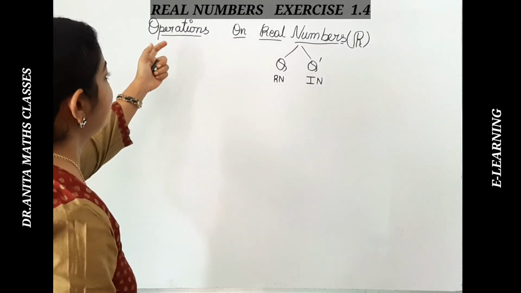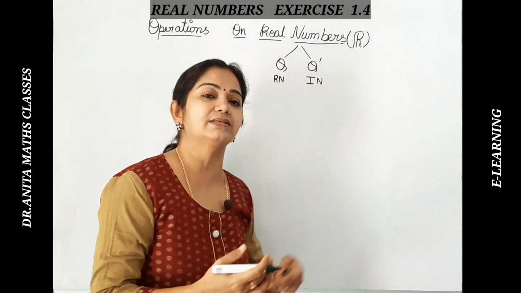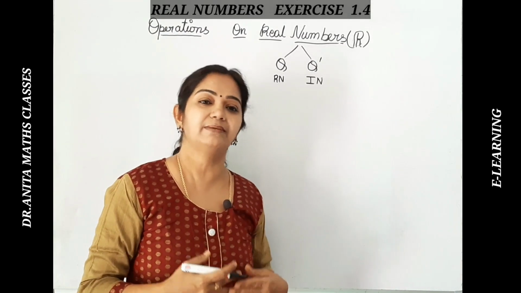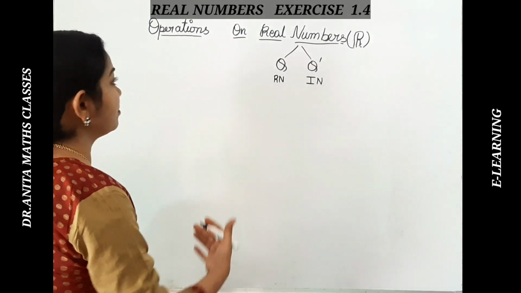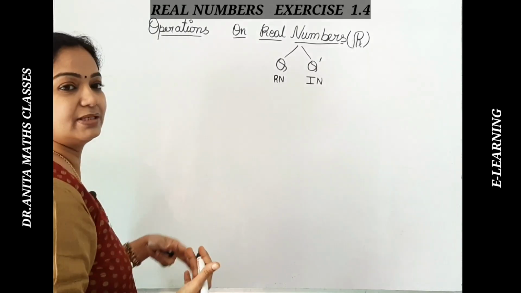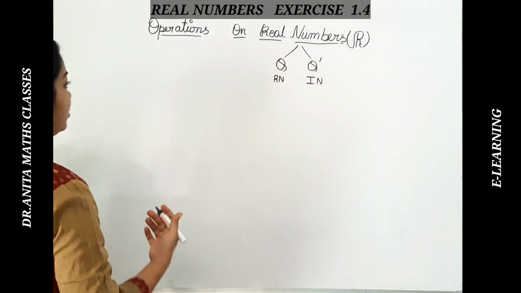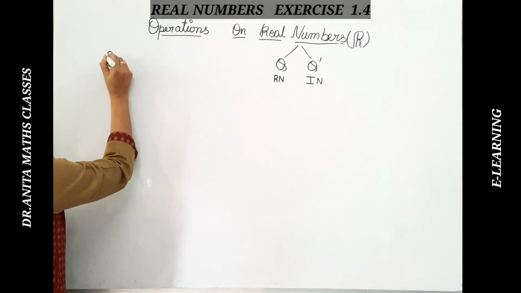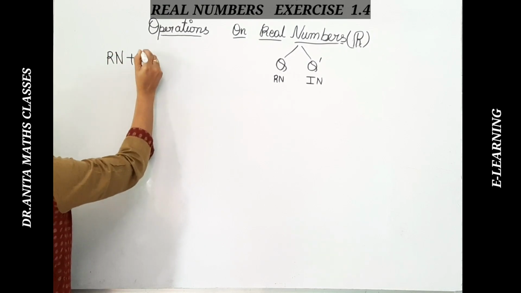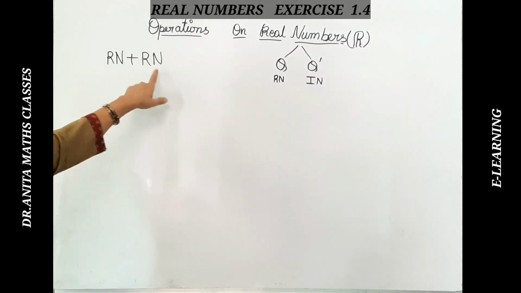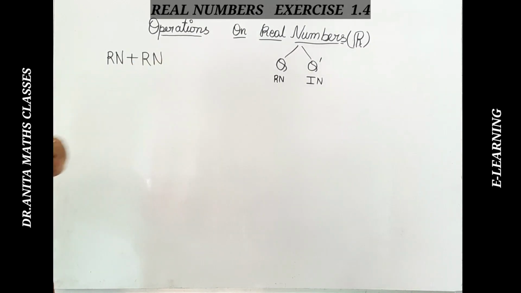Now when we are talking about the basic mathematical operations, nothing but addition, subtraction, multiplication and division, how do those operations work on real numbers, that means on the rational as well as irrational? We will know about that. If you take two rational numbers and add them, you get a rational number.